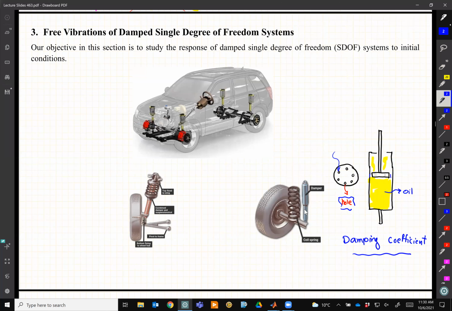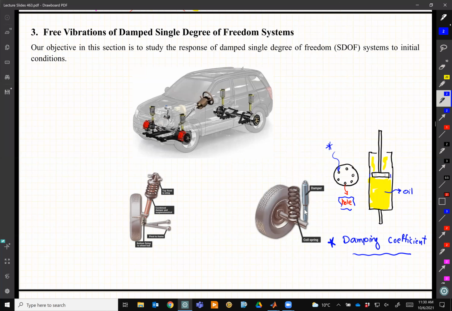If you ask somebody who works in a car manufacturer and is responsible for designing dampers, they say, okay, we try to find this damping coefficient, and then, based on this damping coefficient and some experimental tests, figure out what should be the number of these holes and the diameter of those holes. And obviously, a car without these dampers is not going to perform well.